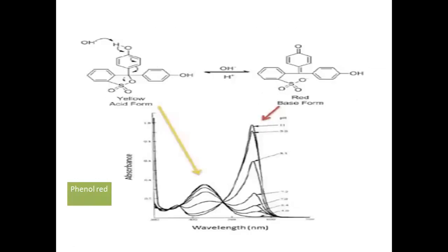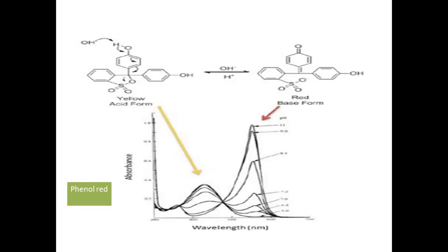Say if you take the example of phenol red, which is yellow in its acidic form, you can see the lambda max of the compound is different, and when it is in the basic form, the color of the phenol red is red, and the lambda max of phenol red in a basic medium is different from that in the acidic medium.